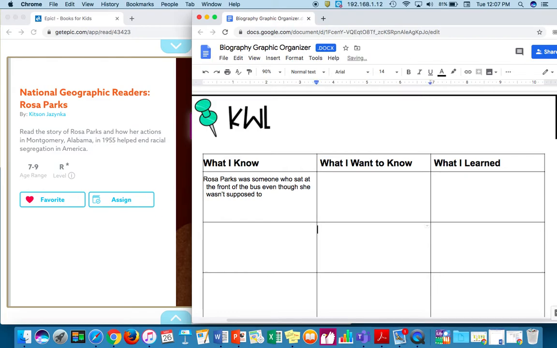She used nonviolence to spread equality.